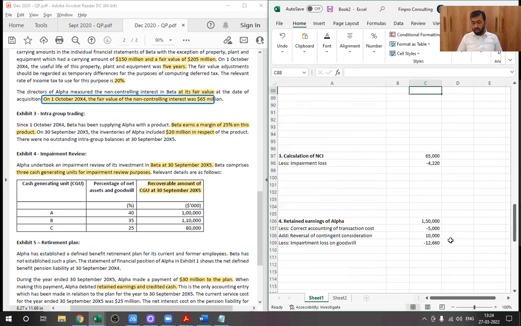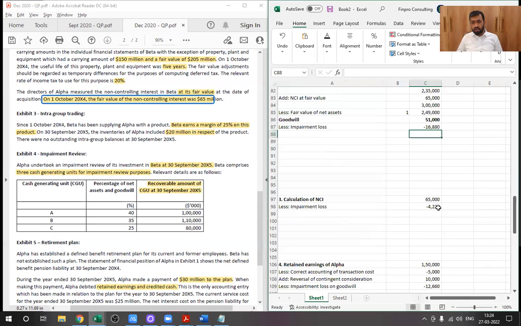What kind of accounting entry will you pass? You will first write down the entire goodwill. So debit profit and loss account, credit goodwill. Am I right? So P&L you have accounted for first. P&L of parent, P&L of NCI, you have given effect there. Second is goodwill, so the second credit you will have to do here.